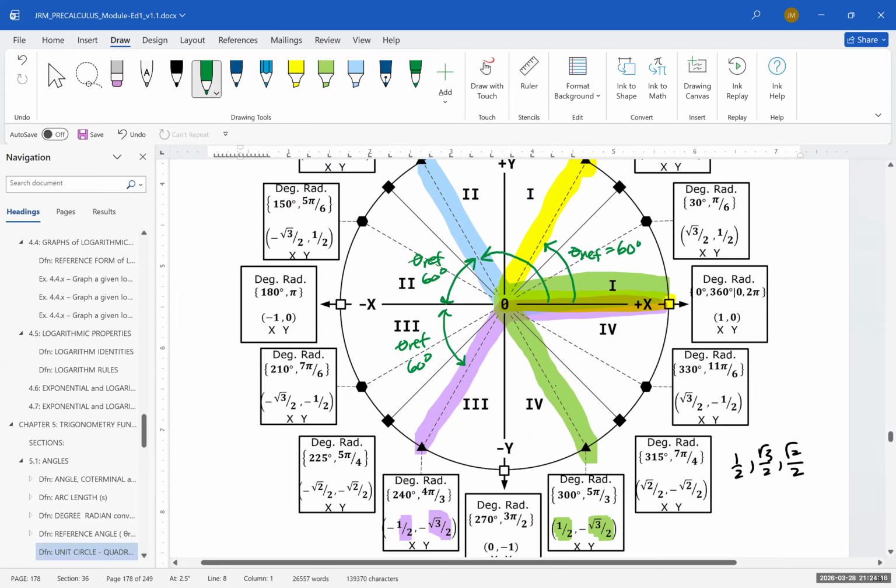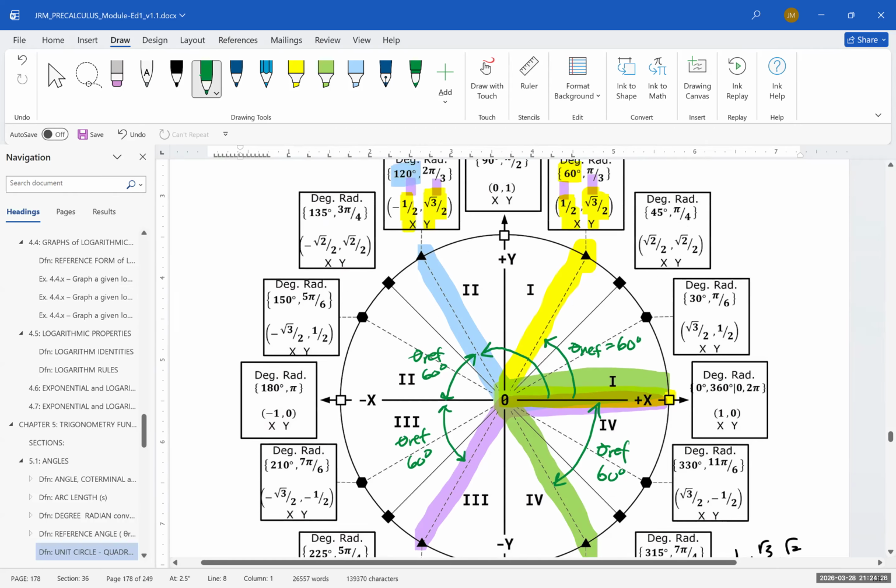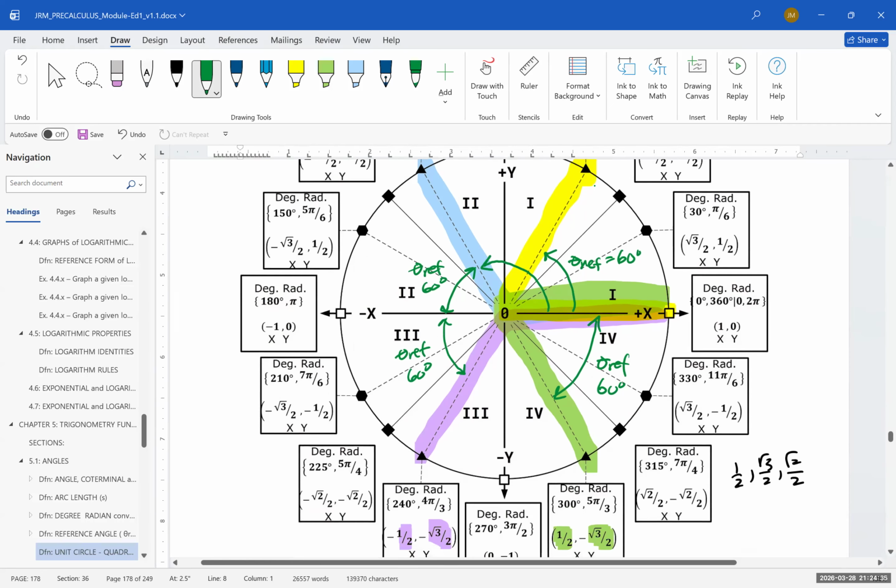And again, that's because the reference angle is also 60 degrees. So every angle of interest with the same reference angle is going to have the same fractions in x and y. They're all going to be the same.